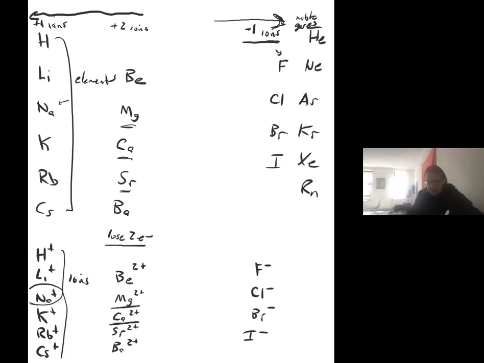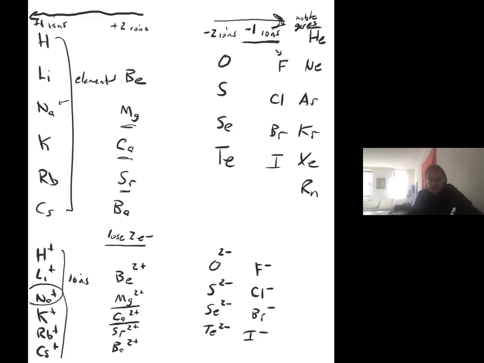The next column over, oxygen, sulfur, selenium, tellurium. These ones form -2 ions. So they would be written like this. Remember, you put the number, then the symbol for the charge. So 2 negative, 2 negative, 2 negative, 2 negative.